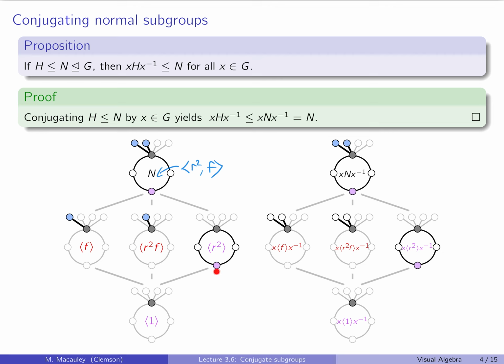That one's out of commission because it's central. So it's got to be conjugate to this. In other words, if we conjugate everything here by some unknown element x, here's what we have. And if x is the identity, then all of these are going to be unchanged. But there is something that we can conjugate this thing by to make it equal to that.